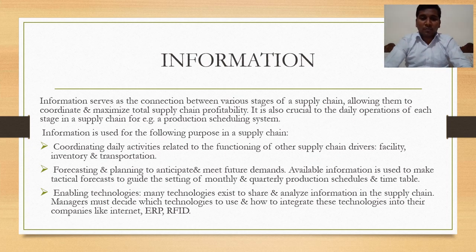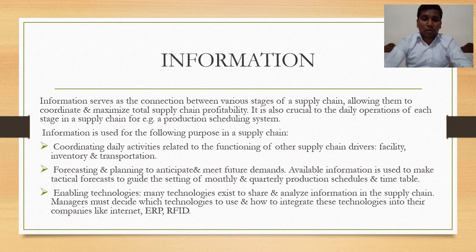Information. Information serves as the connection between various stages of the supply chain, allowing them to coordinate and maximize total supply chain profitability. It is also crucial to the daily operation of each stage in the supply chain. For example, a production scheduling system.